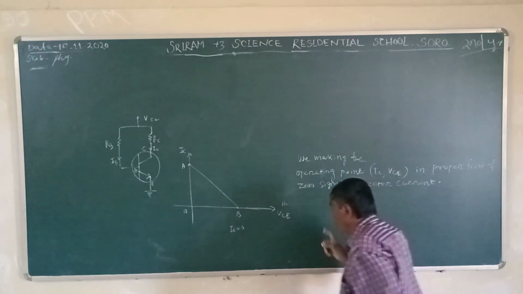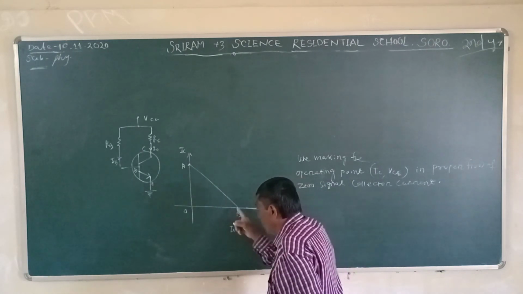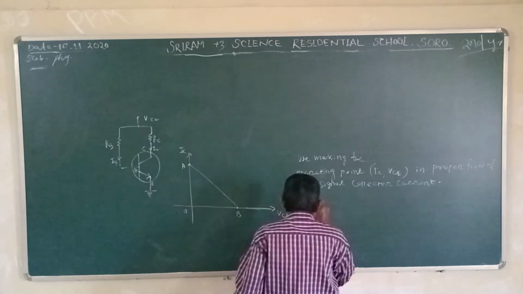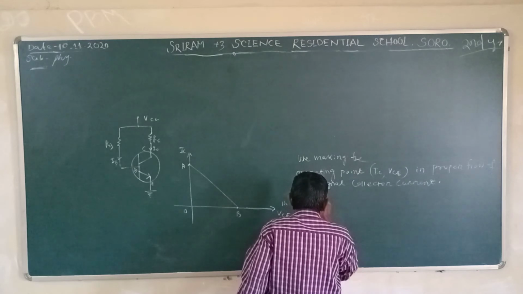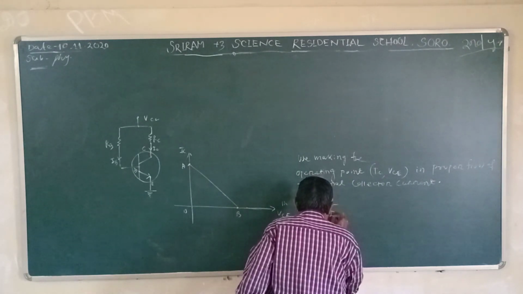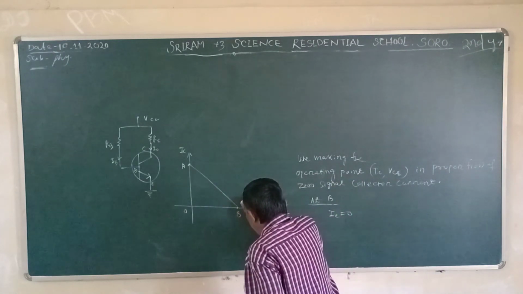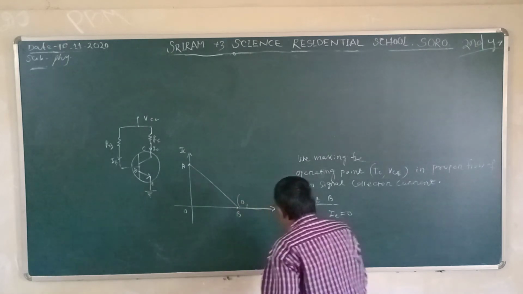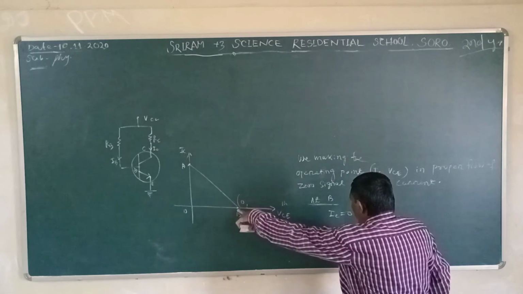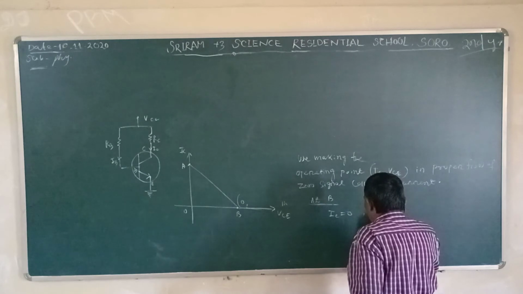Now when we calculate at this point and this point, we write at B point, IC equal to 0. Now this point is 0, and the collector current at the point B is equal to 0.